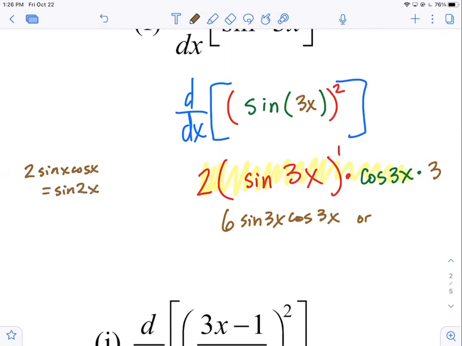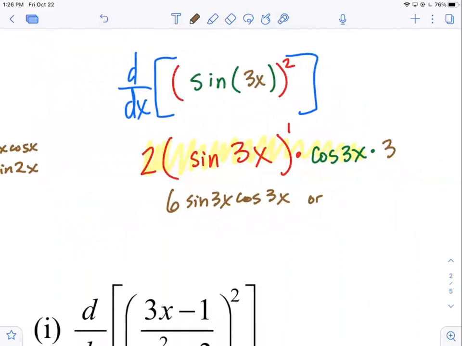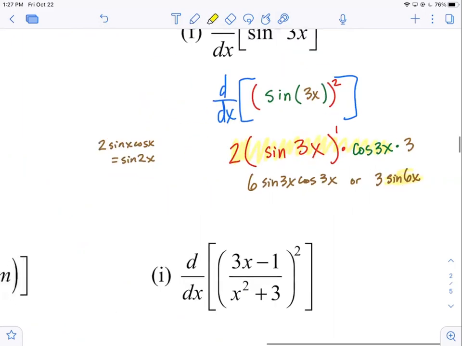Or how about this? 2 sine of blob cosine of blob is equal to sine of 2 blob. Don't I have that highlighted in yellow? 2 sine of 3x cosine of 3x. So the highlighted part should become sine of what? 6x. Good. And then I still have the 3 in front. Yep. That's the double angle identity for sine.